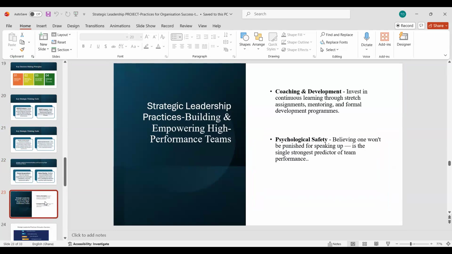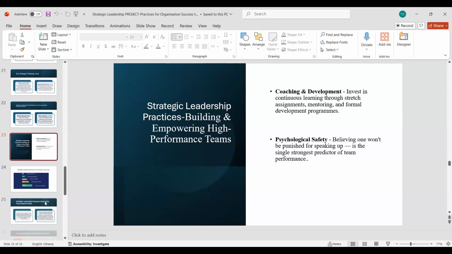Another strategic leadership practice is to build and empower high-performing teams. And how do I do this? One is to ensure that employees feel psychologically safe. And it's something that I think I will talk about very much as we go down. When one feels safe, the person is able to speak up and know that I will not be punished for sharing my views.